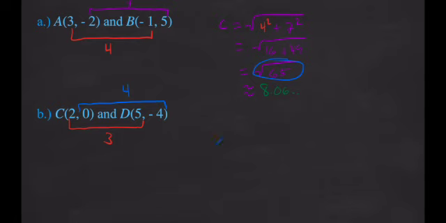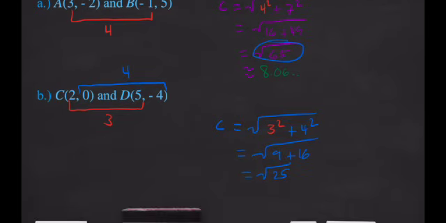So same thing, we're going to do C is equal to the square root of 3 squared plus 4 squared. So this would end up being the square root of 9 plus 16. 9 plus 16 is the square root of 25. 25 is a perfect square. Square root of 25 gives us the answer being 5.